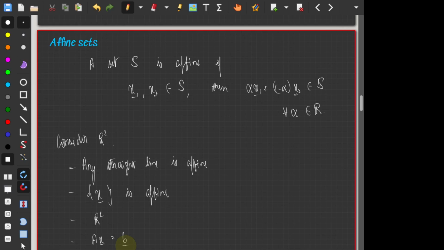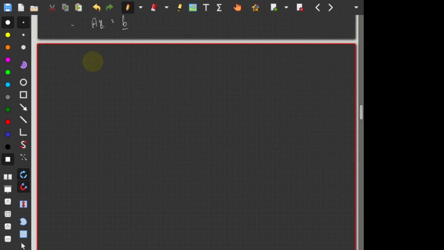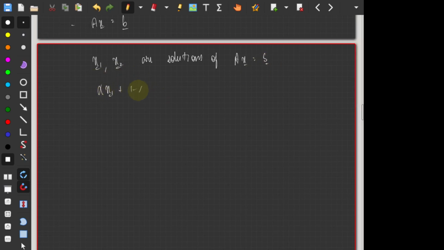It is, right? Suppose that I have two solutions x1, x2 of this system of linear equations. What about alpha x1 plus (1 minus alpha) x2? If I multiply this by A, what do I get?